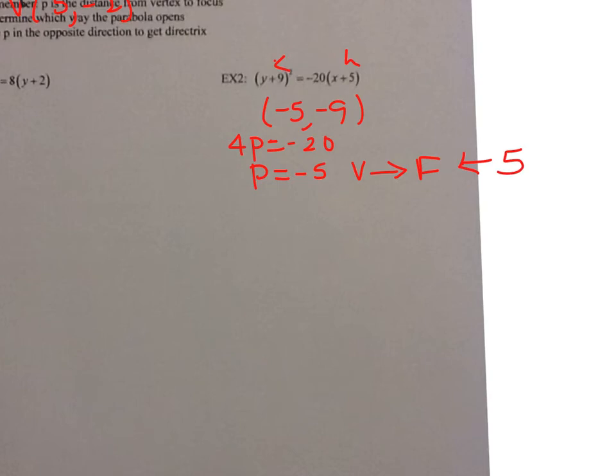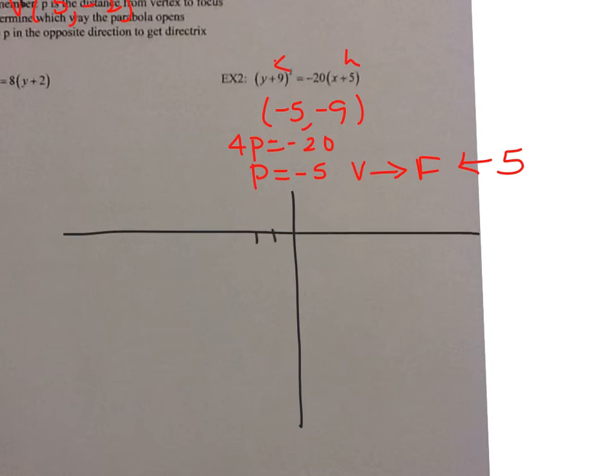All right, so let's draw a picture now. I want to draw negative 5, negative 9. So there's my vertex.